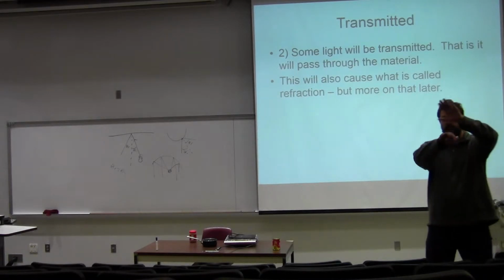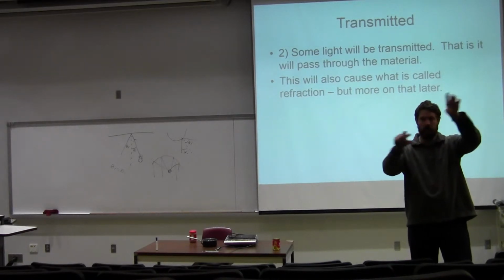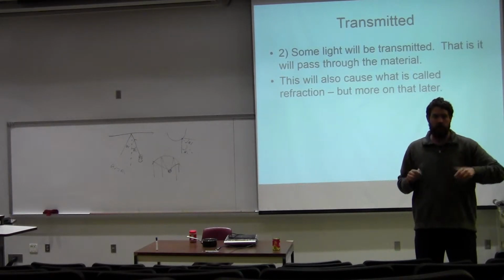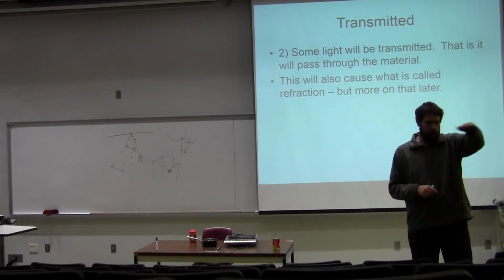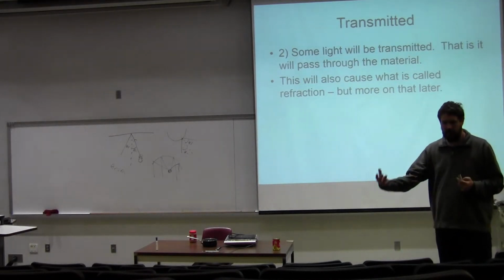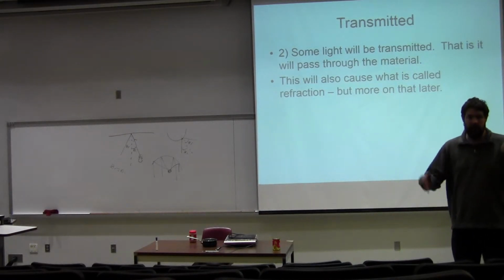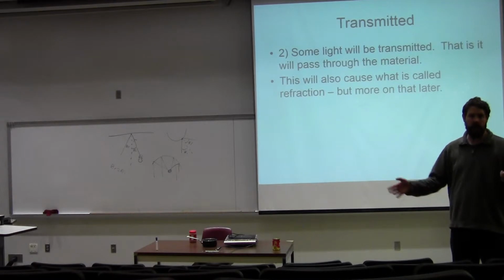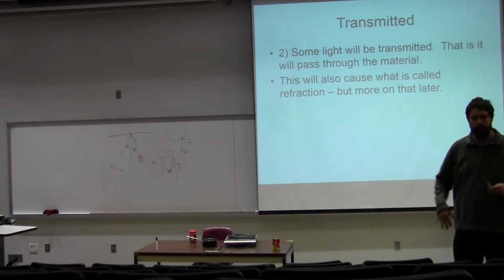So if I have two layers of air that have two different sound speeds or light speeds, there will be a surface in between them. If I go from air to water, water has a different speed for light than air does, and that means that the surface of the water, where the air meets the water, is in fact a surface.